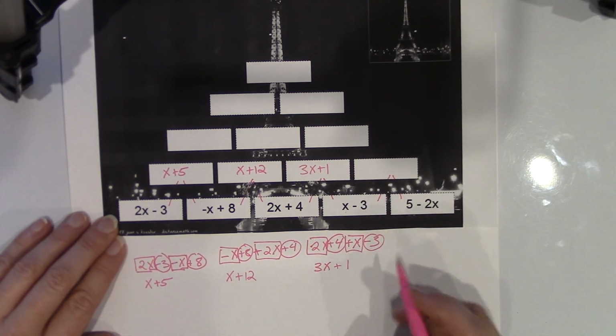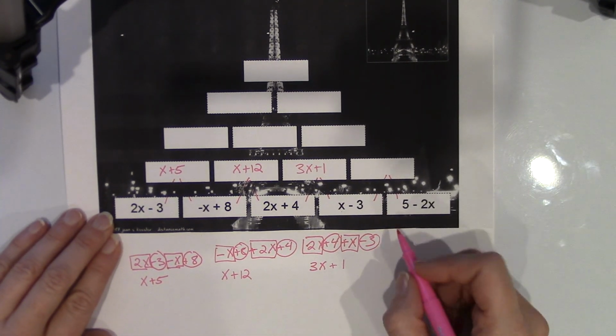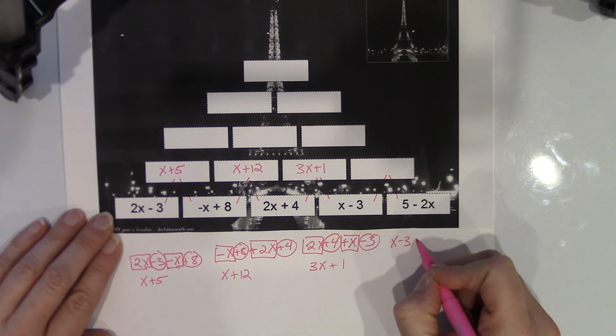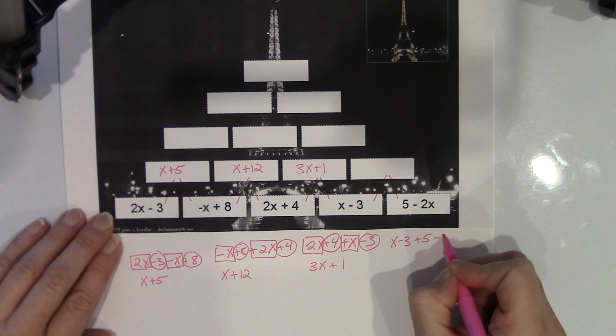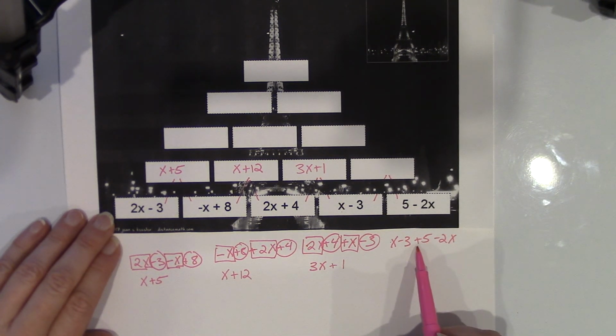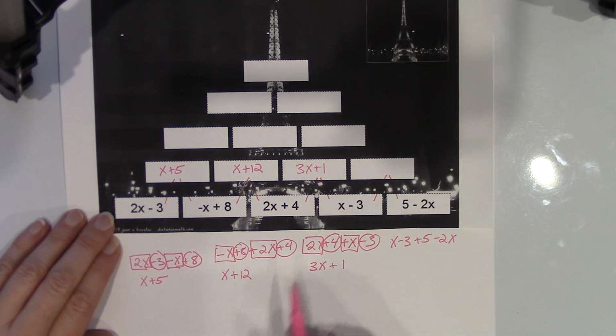Alright, we're going to move over one more time. I've got an x minus 3, and I'm going to combine that with a 5 minus a 2x. My 5 is a positive number, so I have a plus there. Here my x was negative, so I just have a negative sign there.